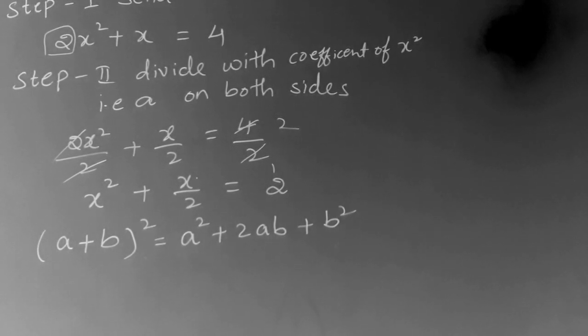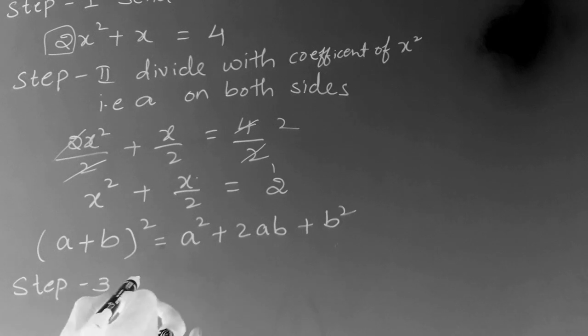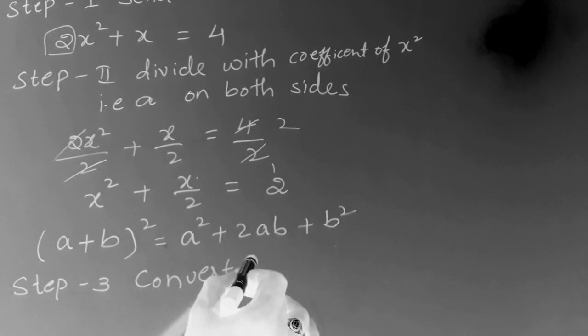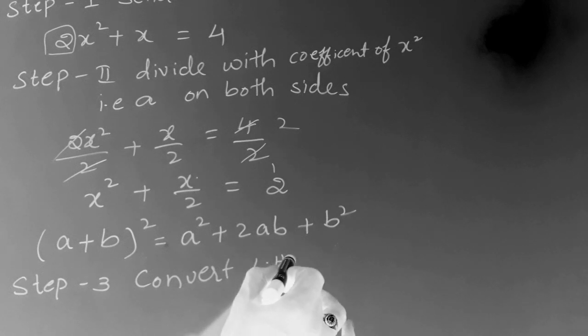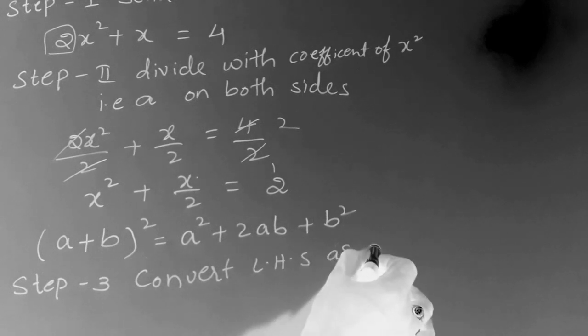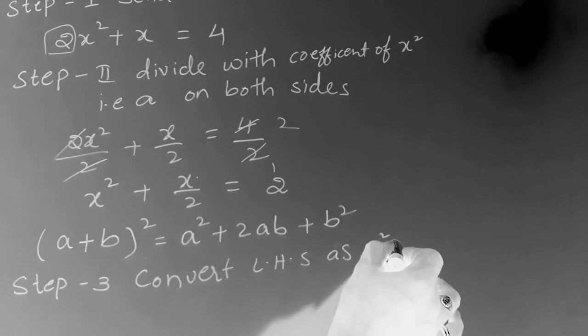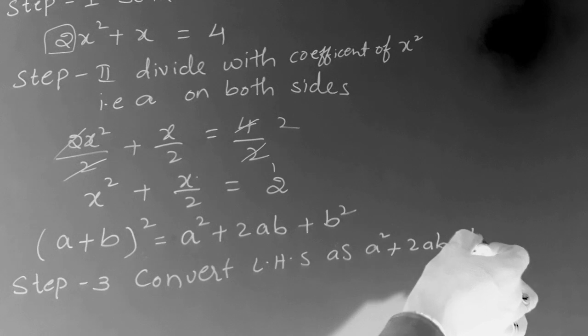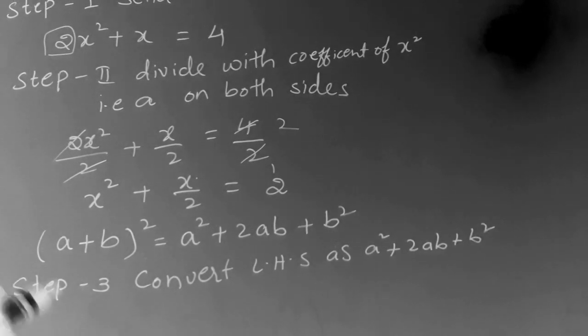So now you convert the left hand side, step 3. Convert LHS as a square plus 2ab plus b square. You convert like that, the left hand side part as a square plus 2ab plus b square. So now we will see how to convert step by step.